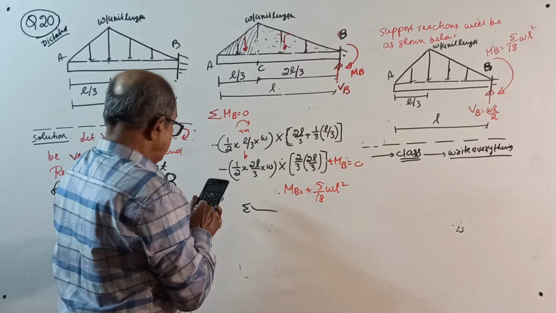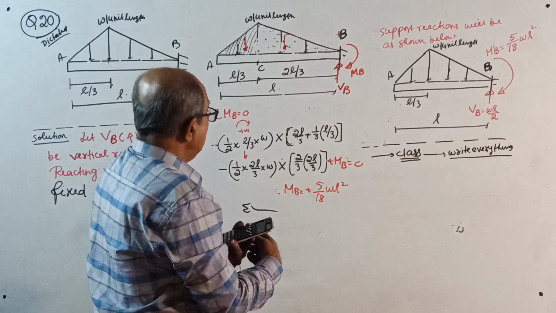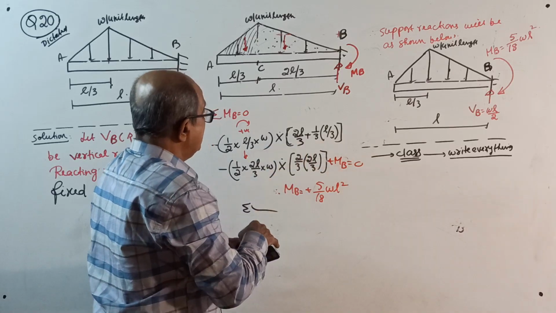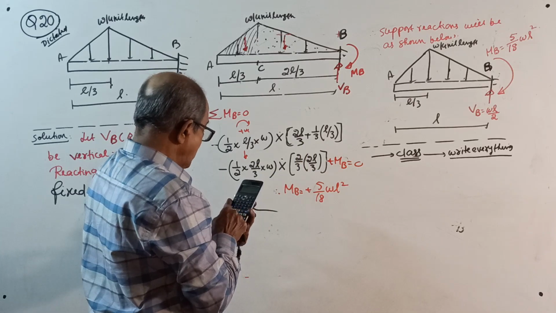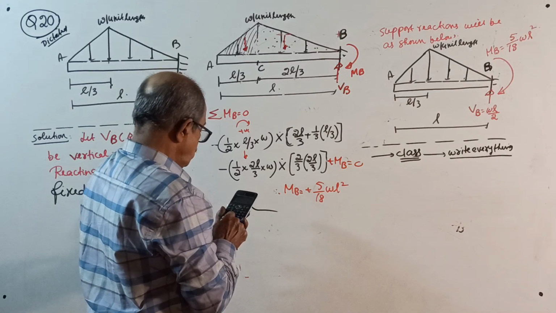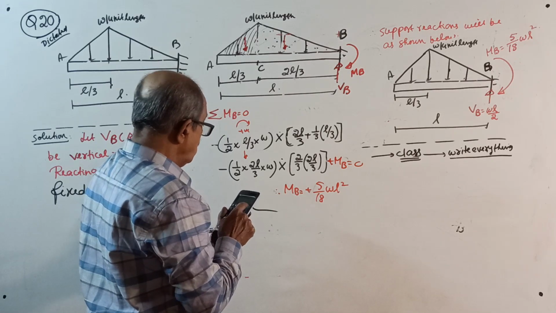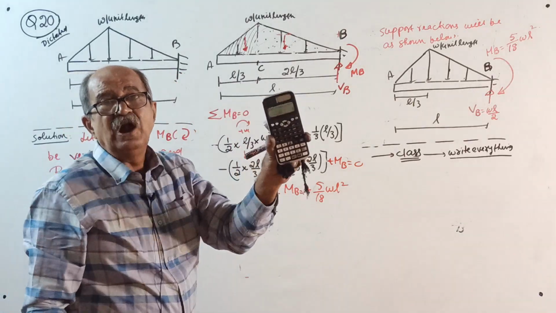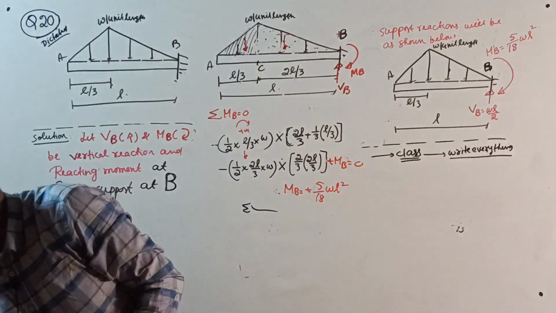Half into 1 by 3 into bracket 2 by 3. This part is rubbed out there. It's 2L by 3. Okay, 2 by 3 plus 1 by 3 of 1 by 3. One number over. Then again plus half into 2 by 3 into 2 by 3 of 2 by 3 equal to 5 by 18. I cannot show my calculator; I have to bring it very near to the camera. Okay, 5 by 18 WL square.